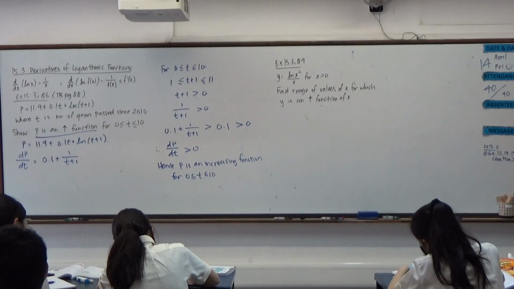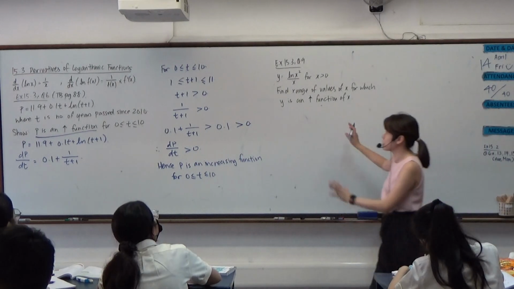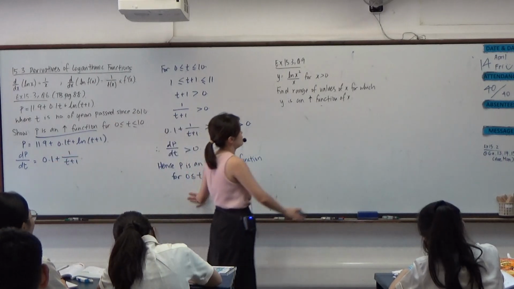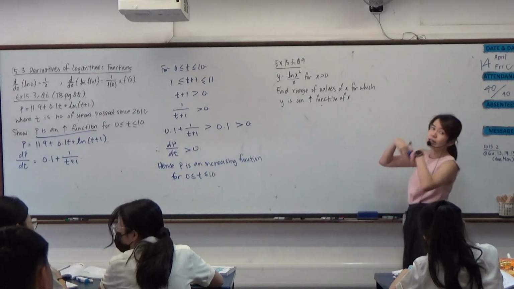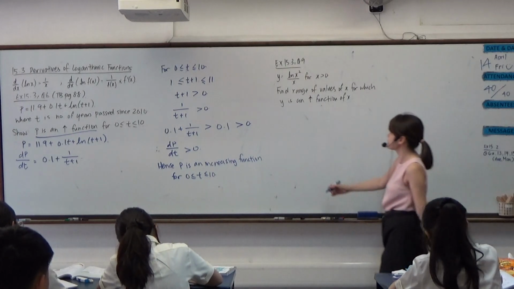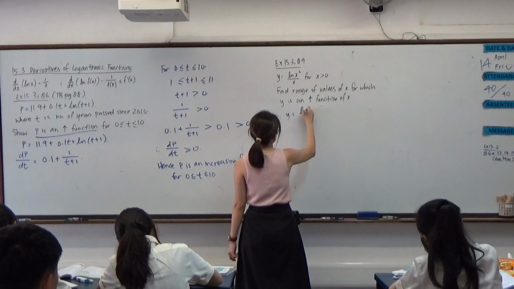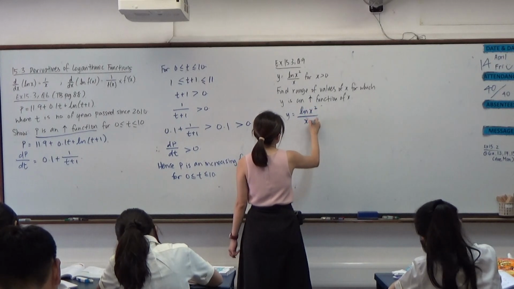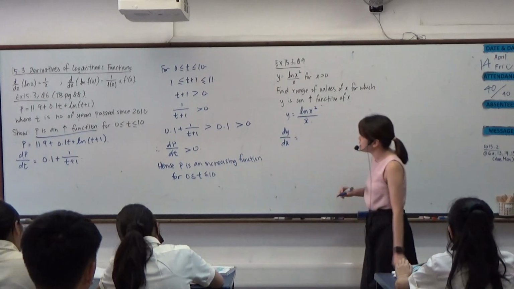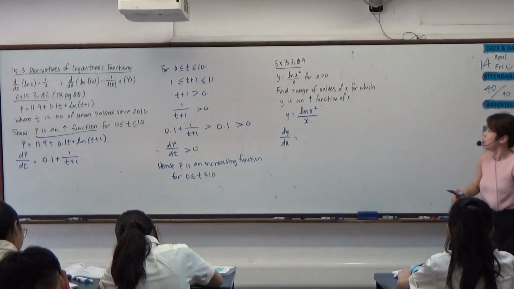I'm always trying to show you two different kinds of increasing decreasing function questions. The previous one is to show that it is increasing, this one already tells you it's increasing, and we want to find the range of values of x. So upon differentiation, we apply our quotient rule.